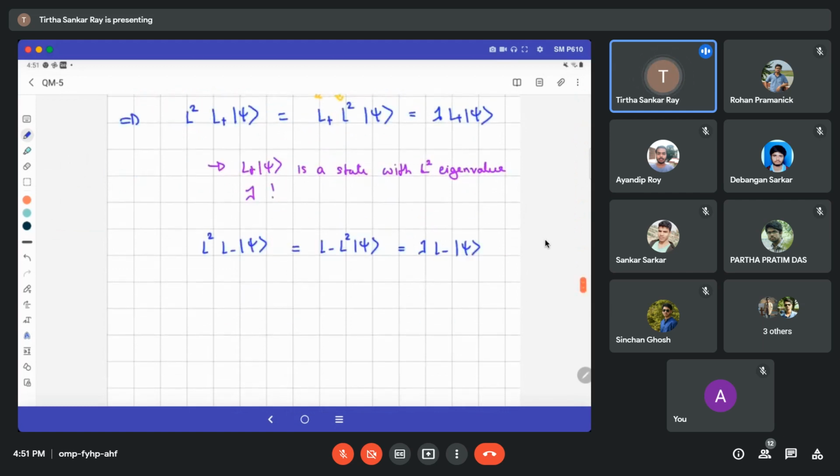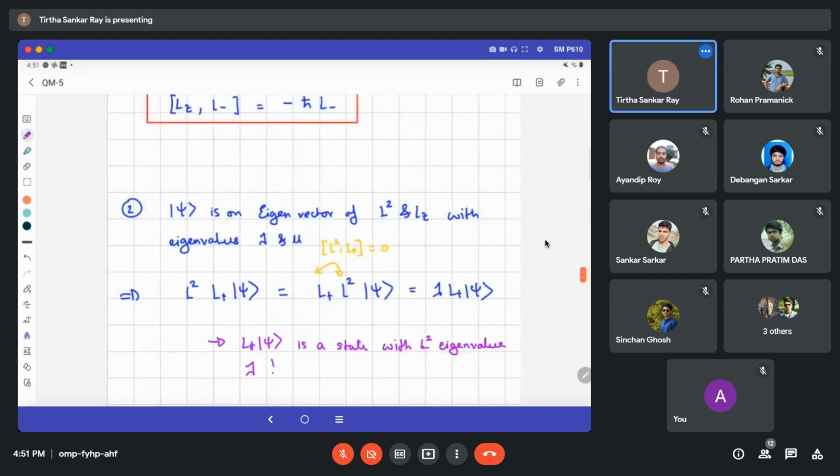So again, the conclusion is that L minus psi is also an eigenvector of L square with eigenvalue lambda. Very interesting, right? If psi is an eigenvector of L square, then L plus minus of psi is also an eigenvector of L square. This is the first thing.